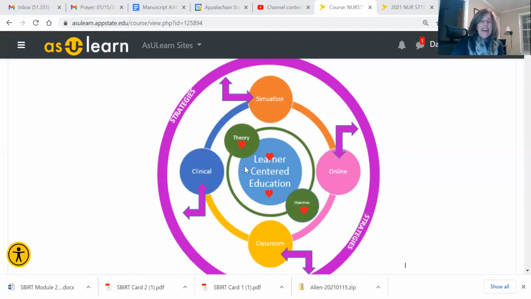And then theory is foundational to a lot of choices that educators make. We do not always have research that supports specific educational designs or specific activities that we choose to integrate in the educational modules that we design.